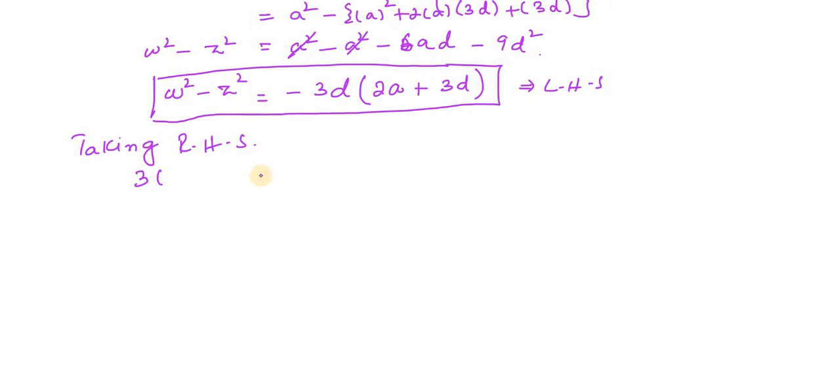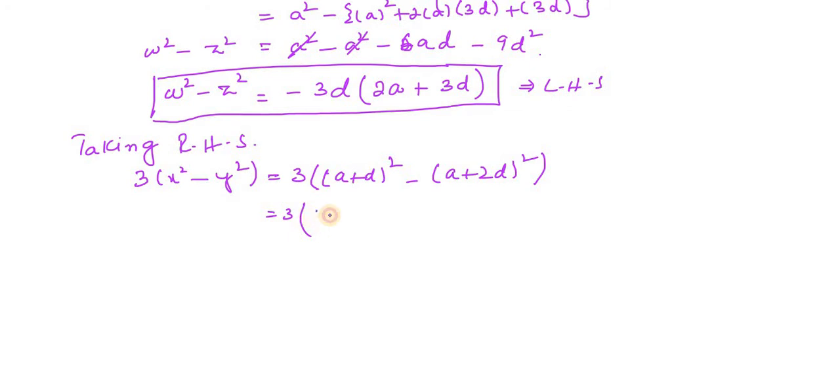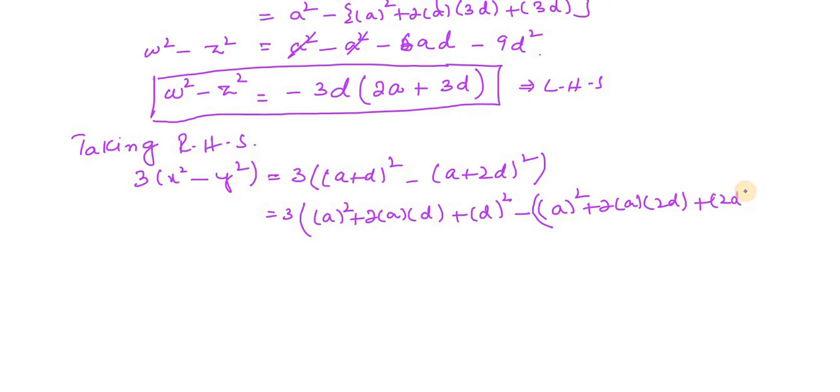So we put the value of X and Y. The value of X is (A plus D) whole square minus the value of Y, which is (A plus 2D) whole square. Here we use (A plus B) whole square. This is A square plus 2AD plus D square minus (A square plus 4AD plus 4D square).